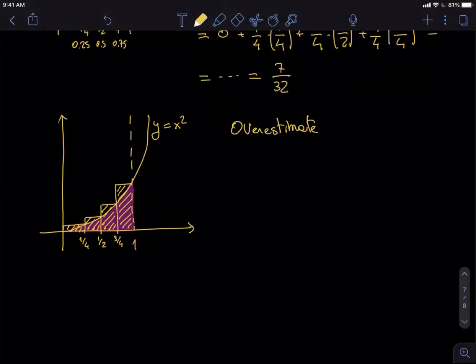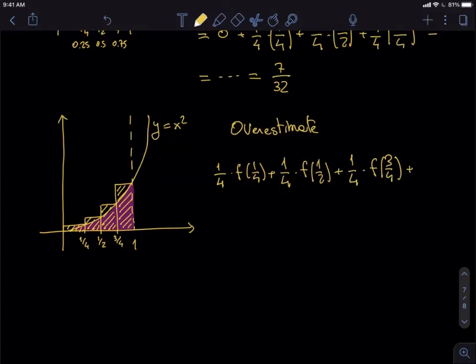So in this case, we have 1/4 times f of 1/4. That's the first rectangle, plus 1/4 times f of 1/2, the second. There we go. Plus 1/4 times f of 3/4, plus, and here comes the new thing.